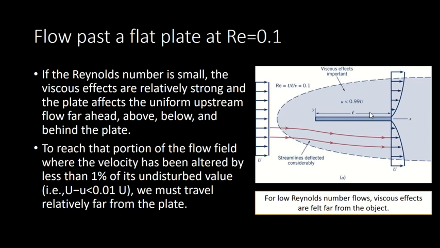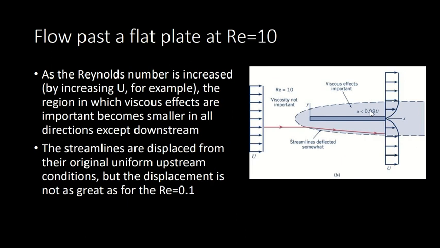Okay, what happens if we increase the Reynolds number? Consider the same plate, but now the Reynolds number is increased to 10. As you can see, the major difference between Reynolds number 0.1 and 10 is the size of the viscous region. The viscous region now becomes smaller compared to Reynolds number 0.1.